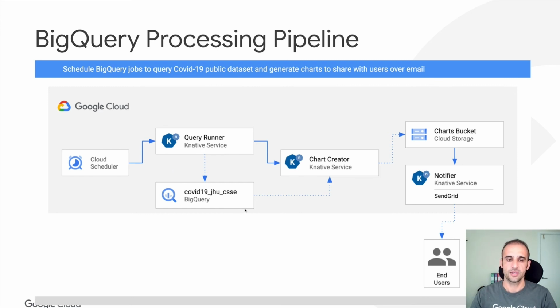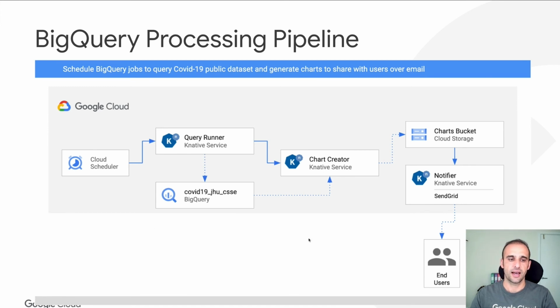It will save it to a Google Cloud Storage bucket. And then I set this bucket so that when a chart is saved here, it will call another service called Notifier, which is another Python service that will use SendGrid to send me an email. And it will say, okay, there's a new chart created in the storage. Here's the link to go and take a look, right?